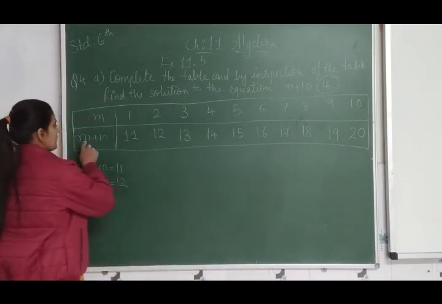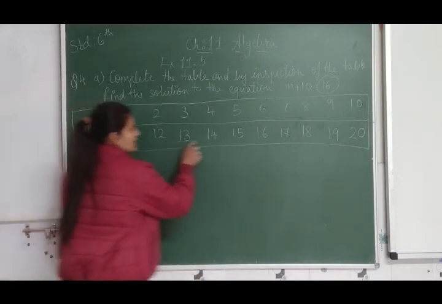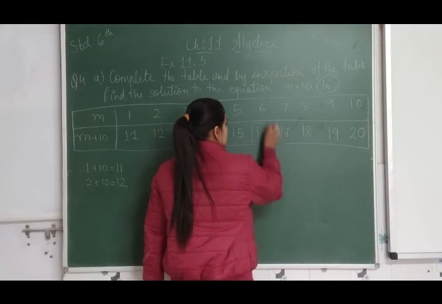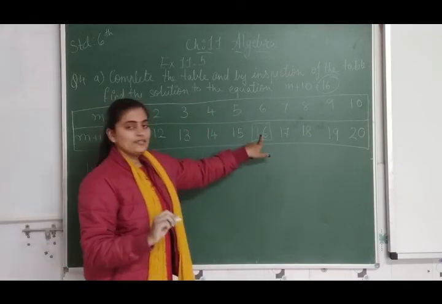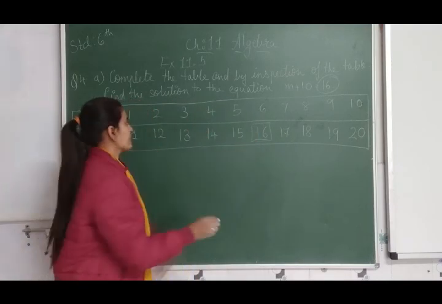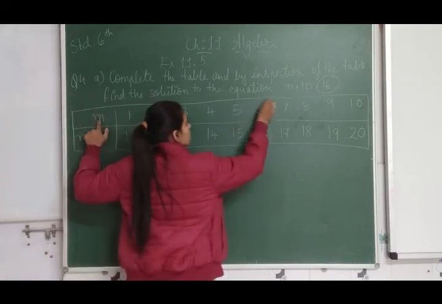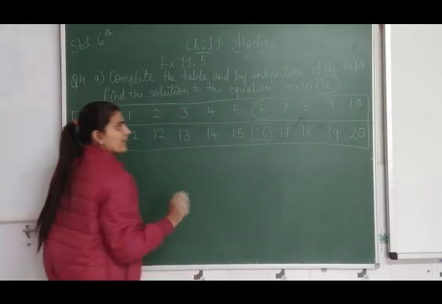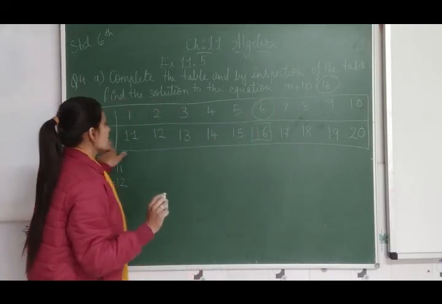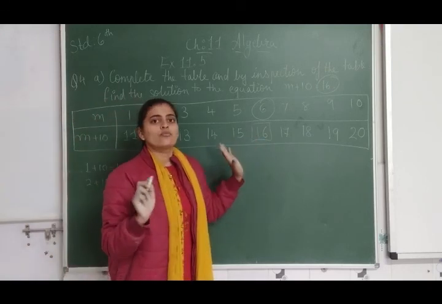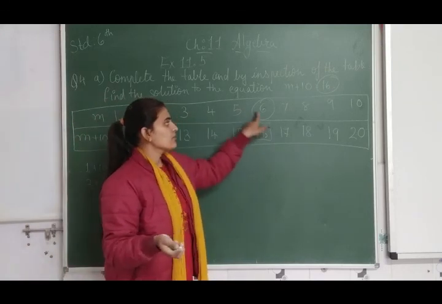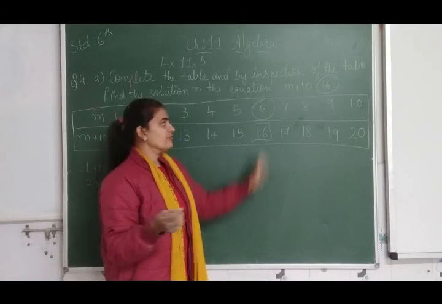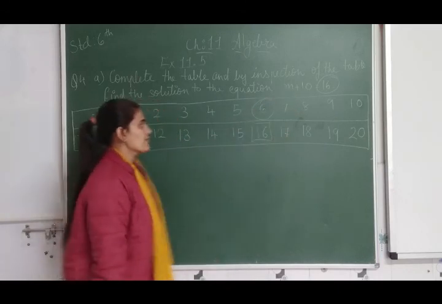Here we are getting 16. That means that here m is equal to 6. Then the equation m plus 10 is equal to 16 holds. So m equal to 6 is the solution of the equation m plus 10 is equal to 16.